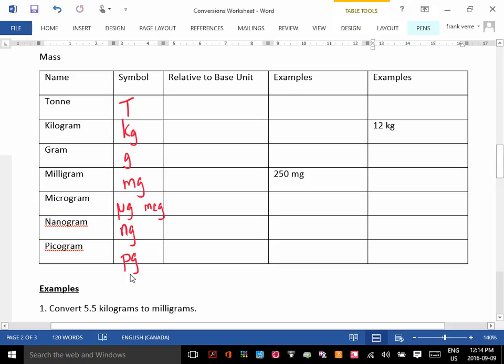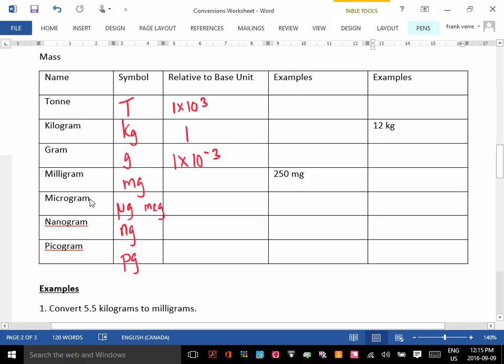PG, parental guidance. Okay. The kilogram, we'll make that the base unit, so we'll make that 1. How many times bigger is a ton? So that would be 1 times 10 to the 3, because it's 1,000 kilograms. A gram is 1,000th of a kilogram, so that would be 1 times 10 to the negative 3.